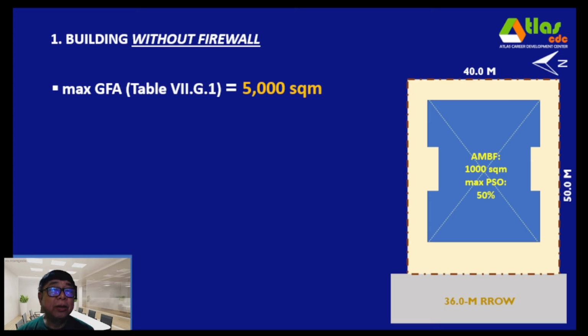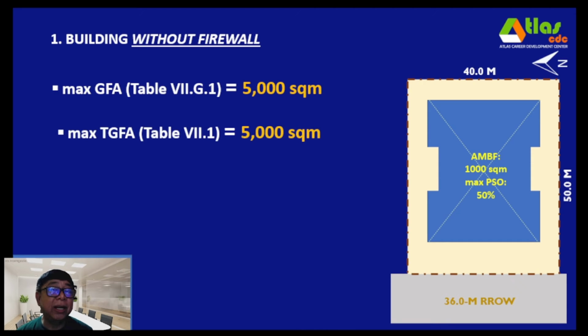So therefore, if we are going to summarize the development controls on the floor areas of the building, our maximum GFA allowable as per Table 7.G.1 will be 5,000 square meters. And then for the maximum TGFA as per Table 7.1, our maximum TGFA is also 5,000 square meters. That is without firewall.